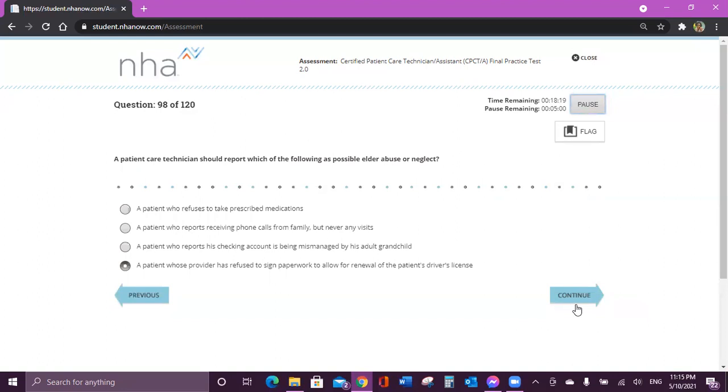A patient care technician should report which of the following as possible elder abuse or neglect? A patient who refused to take prescription medication.